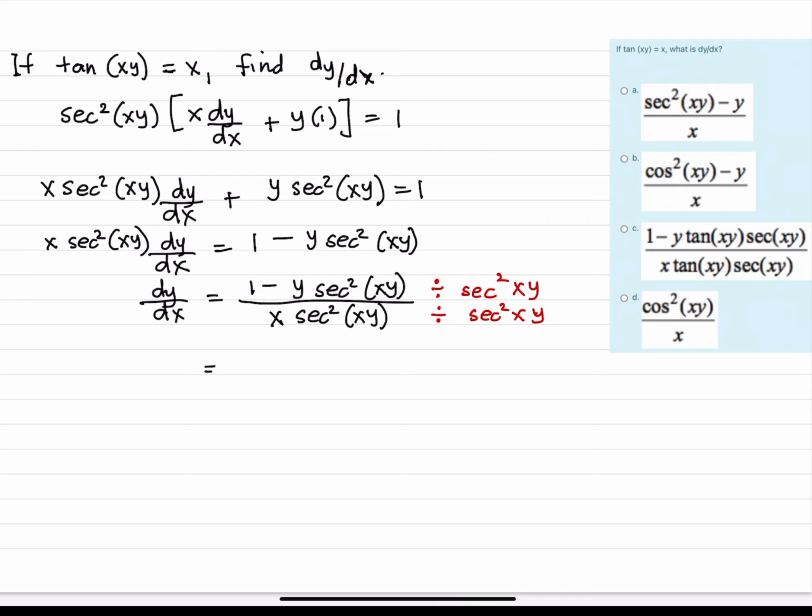This is what happens when we divide both numerator and denominator by secant squared xy. This one becomes 1 minus y secant squared xy all over secant squared xy, all over the denominator x secant squared xy over secant squared xy.